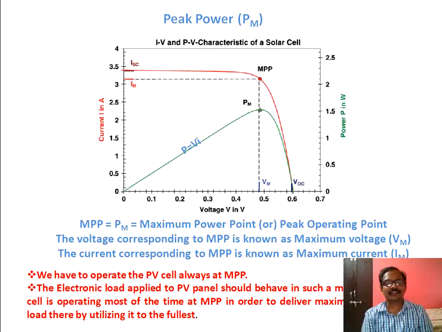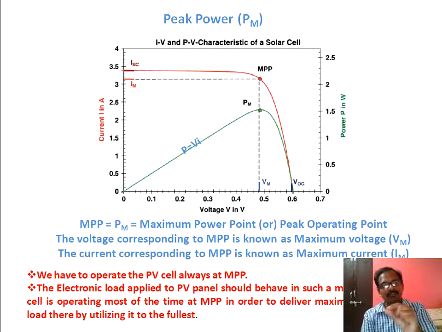The current corresponding to MPP, maximum power point, which is also known as maximum current IM. Maximum current is not the current where we get the maximum current. Always IM will be less than the ISC. Similarly, VM is not the maximum voltage drawn by the solar cell. VOC is the maximum voltage drawn by the solar cell, but VM is always less than the VOC.